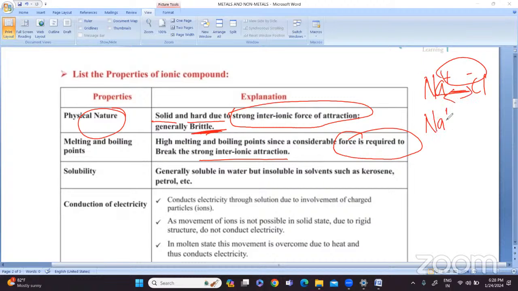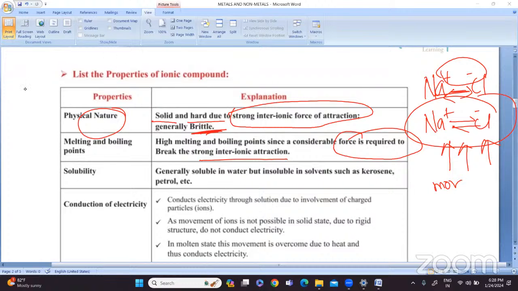This is a cation, this is an anion. A strong force should be applied for the separation of these ions. To break this bond, more force is applied. Because of this, the boiling and melting points of these compounds are very high.